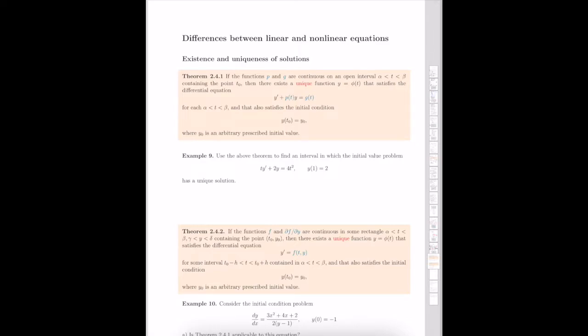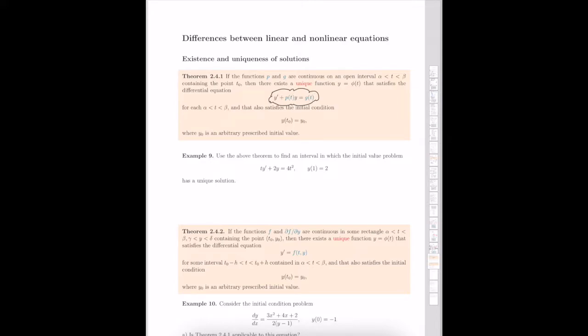You should recall that this is the general form of a linear differential equation, and p(t) and g(t) are just functions of t, no y included, and the other parts of the equation are y prime and y.